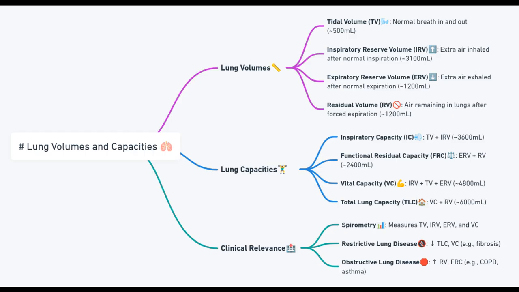With airway obstruction, forced expiratory volume in 1 second, FEV1, is reduced, and the forced vital capacity may be normal or less reduced than the FEV1. So the FEV1/FVC ratio will be reduced.